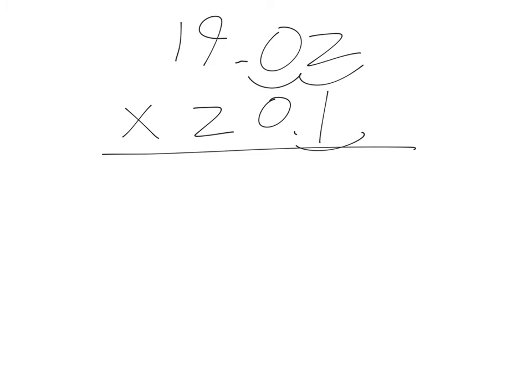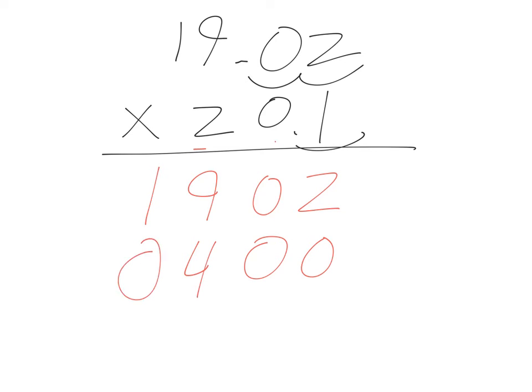I'm going to go through the algorithm just to model it for you. So 1 times this whole top is just going to be the whole thing, 2, 0, 9, 1. I put a placeholder when I come to the next place value, but that's going to be a 0. I put a second placeholder because I'm going over here to the 2. 2 times 2 is 4, 2 times 0 is 0, 2 times 9 is 18, carry the 1, 2 times 1 is 2, plus 1 is 3.